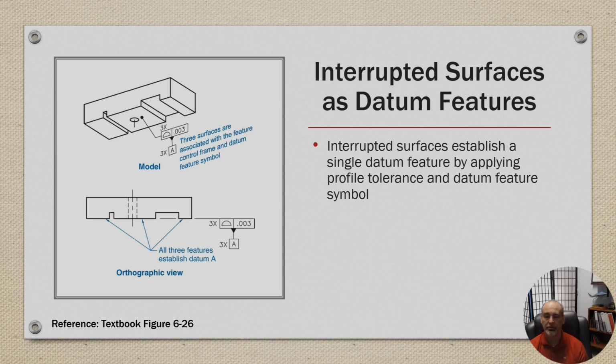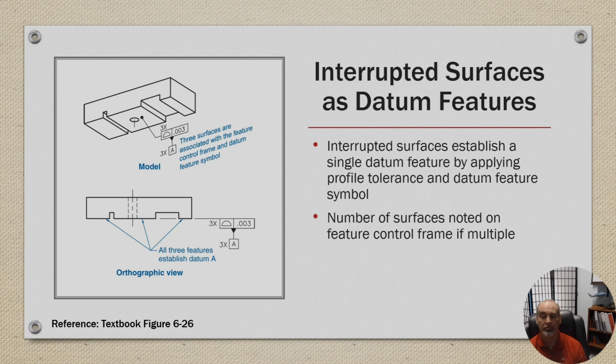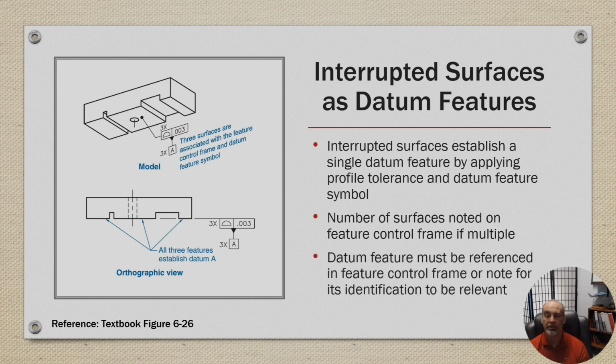So in this example, we have 3 faces, and that profile makes up a datum, and the symbol, by having 3 times there, is letting you know that there's 3 contact surfaces that make up that datum A in our example on the left. The number of surfaces is noted on the feature control frame if multiple, and the datum feature must be referenced in the feature control frame or a note for its identification to be relevant.